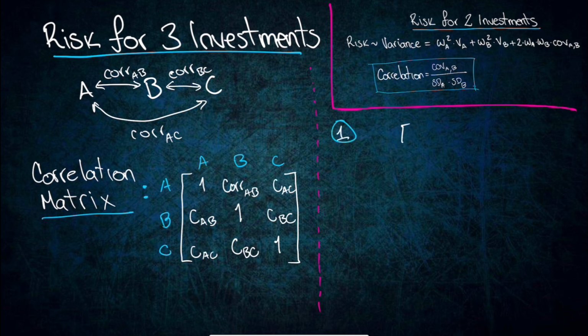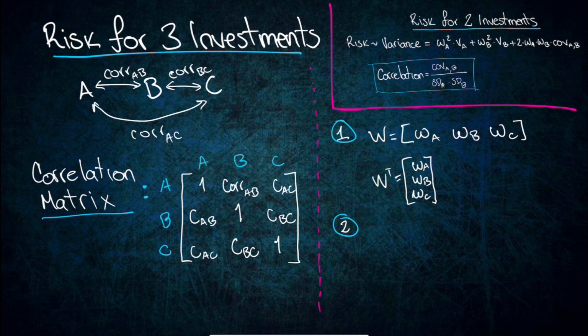First, we need to have a vector of weights in a row and in a column. This one we will call W, and the one that is transposed, or in a column format, we will call WT. Remember here that these weights represent how my portfolio is invested: how much percentage do I have in each of the assets?